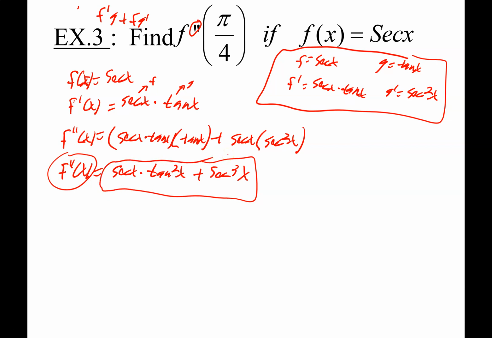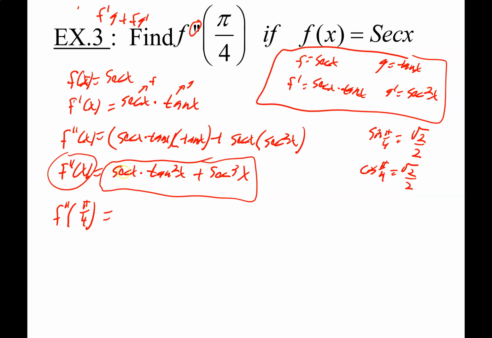But I didn't. I asked you to evaluate the derivative at pi over 4. So all that kind of trig stuff you did, hopefully coming back again. Now, here's the thing. Let's put this all in terms of sines and cosines. I think you'll be pretty happy. So again, at pi over 4, sine and cosine were both root 2 over 2. Let's just go with that and see what happens.